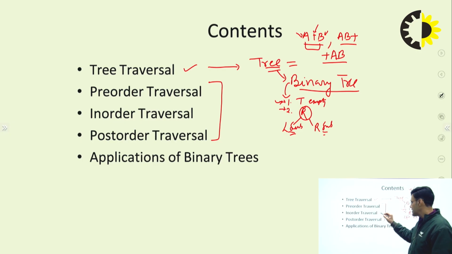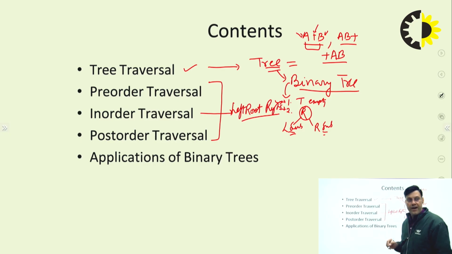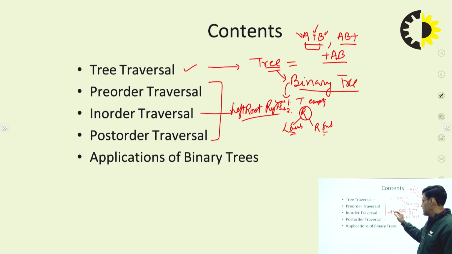Whenever the root comes in between the left subtree and right subtree, that type of traversal is called in-order traversal, right? Now the question is, sir, this left node means left subtree. We have to visit this left subtree in the same manner.